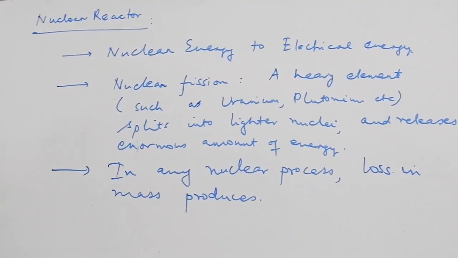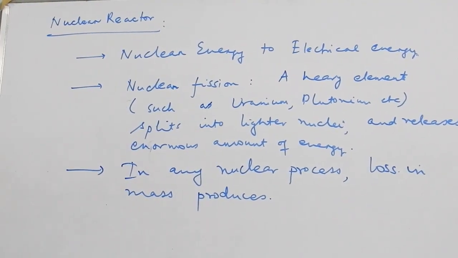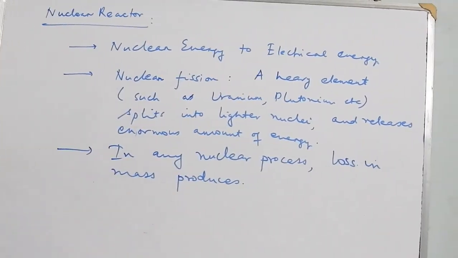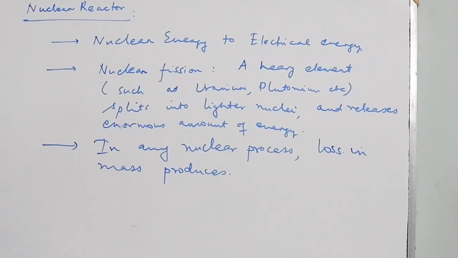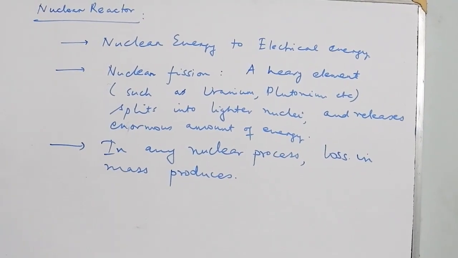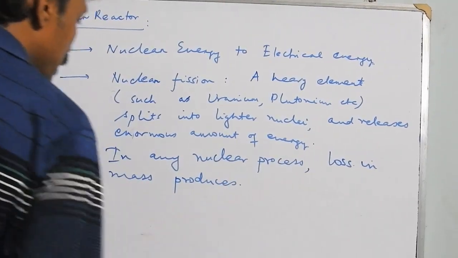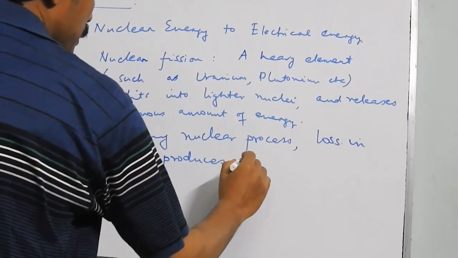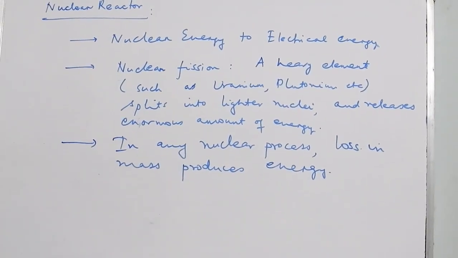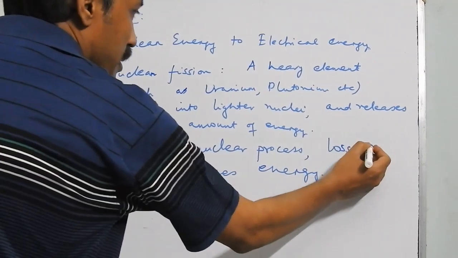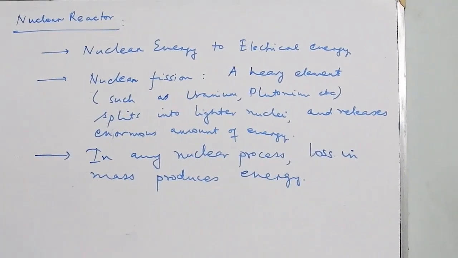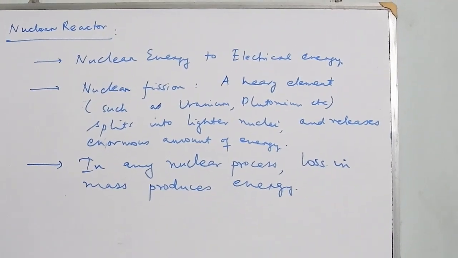The sum of the masses of the reactants is slightly greater than the sum of the masses of the products. Don't confuse with any chemical process, because here whenever we refer to mass, we are referring to the atomic mass of the element considered. So in any nuclear process, it is the loss in mass that produces energy, and the loss in mass is with respect to the mass of the nucleus, specifically because nuclear processes will involve the nucleus, and it is the loss in mass of the nucleus that produces energy.